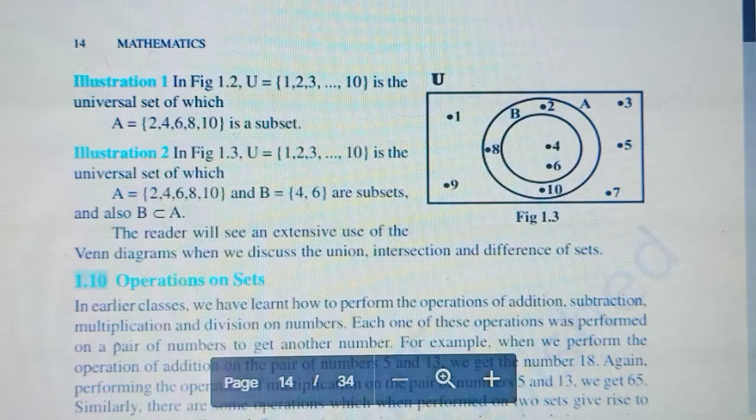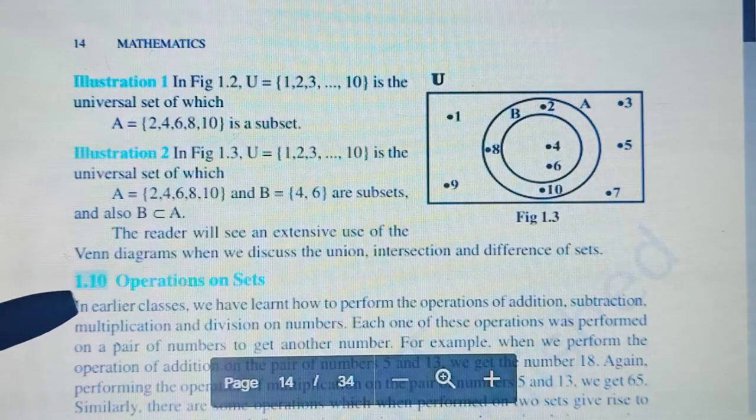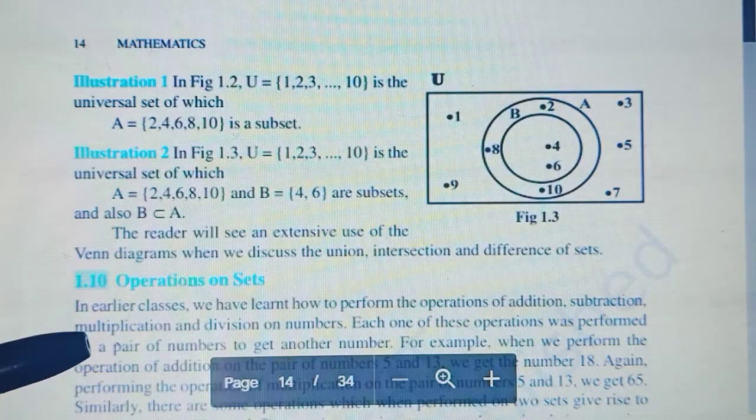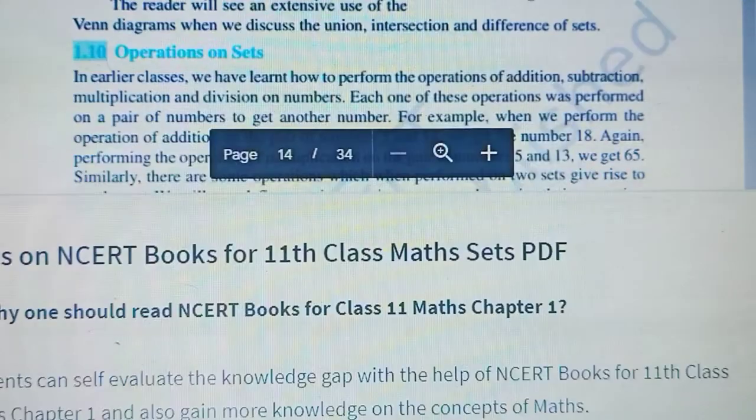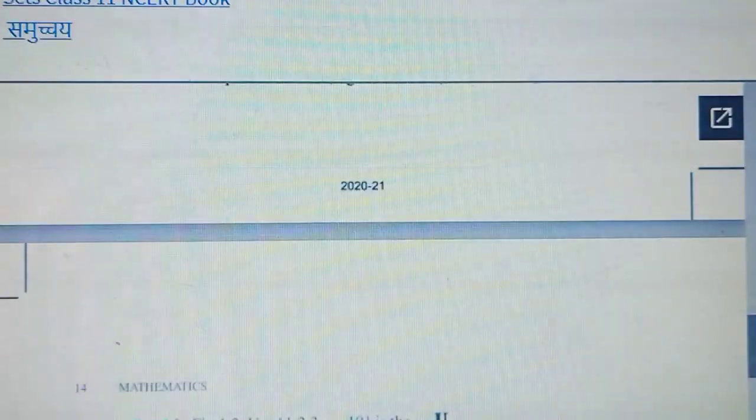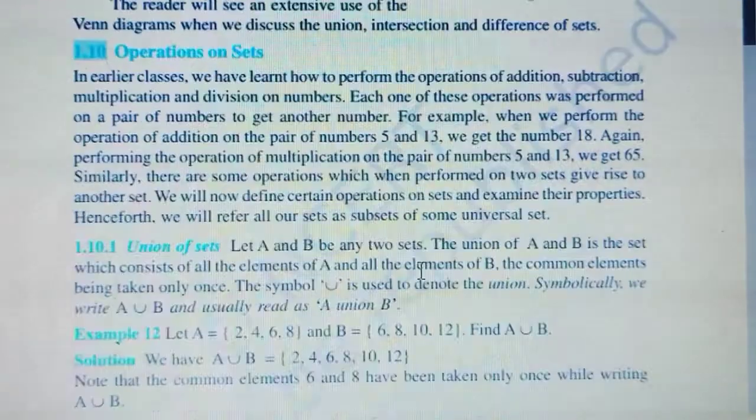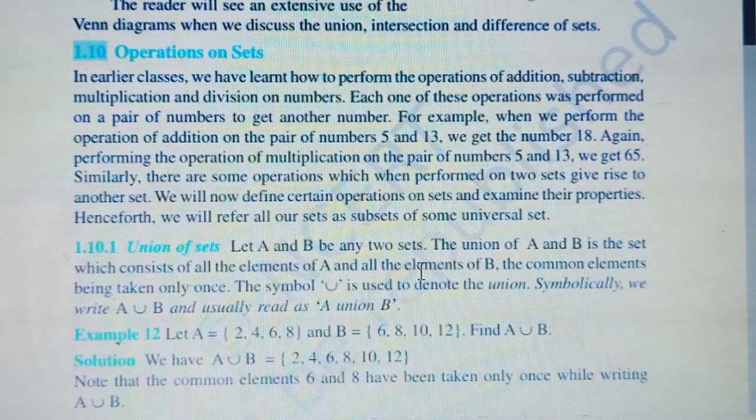Operations for the number system were addition, subtraction, multiplication, division, taking reciprocals, and so on. But now that you're studying set theory, what kind of operations are defined? If you have two or more sets, what can be done to those sets is what we need to see.